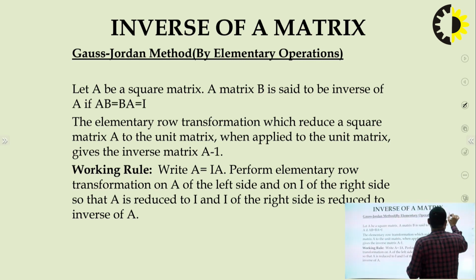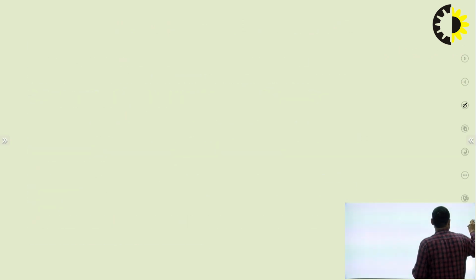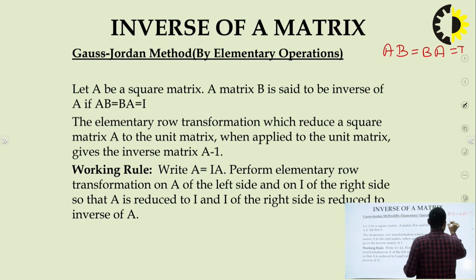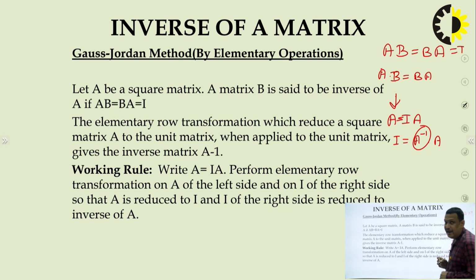Means AB equals BA equals I. If this is converted to A equals IA, if A is converted to I, then I is converted to A inverse, and we obtain A inverse.